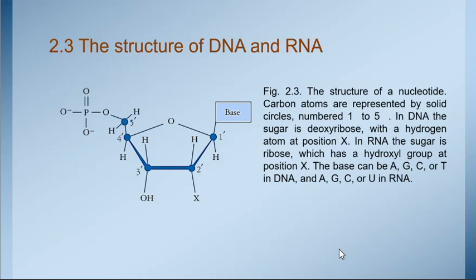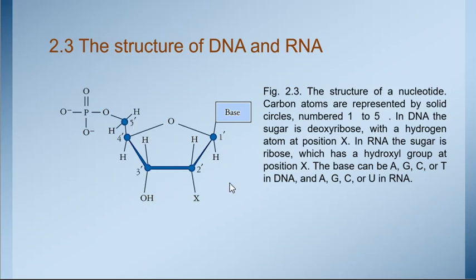So here, the structure of a nucleotide is summarized. Carbon atoms are represented by solid circles, numbered 1 to 5.